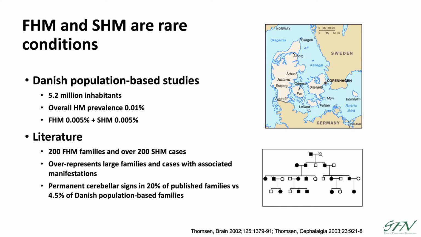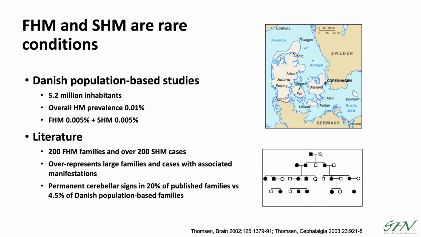In the literature, more than 200 families and over 200 sporadic cases have been published now, with an overrepresentation of large families and also of cases with associated manifestations, because people who study this prefer to present cases with rare and difficult to treat conditions more than patients with mild disorders that are easy to treat.